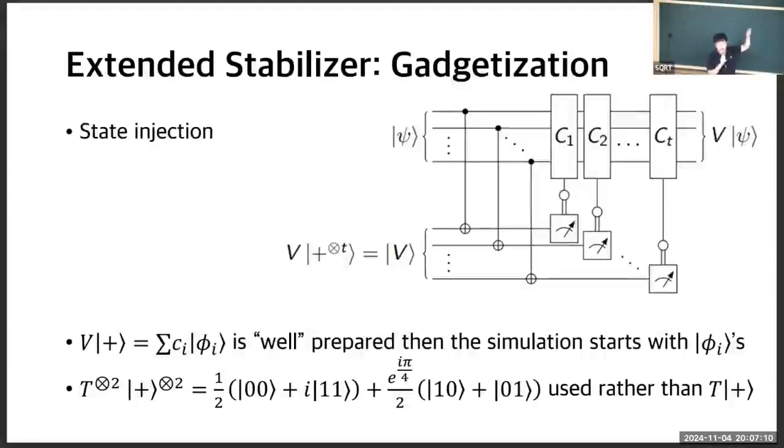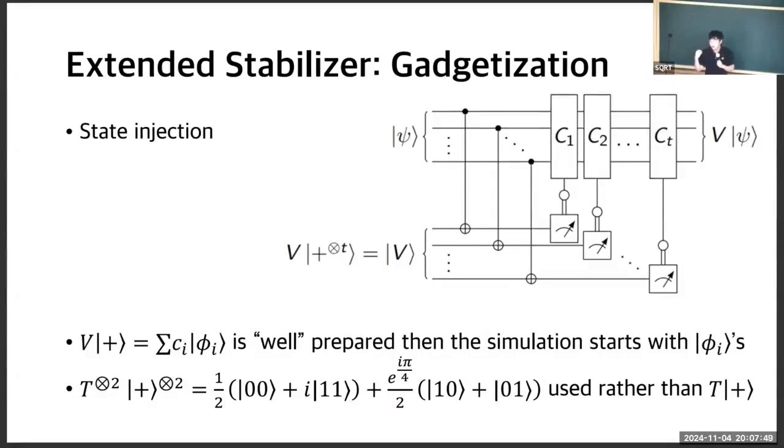So we have our qubit to simulate upward, and we have other non-stabilizer states represented by sums of stabilizer states as the ancilla qubits represented by V here. And if we use this, then we can prepare, if we use like 3 T gates or 6 T gates, then we can make T plus to the power of six here.